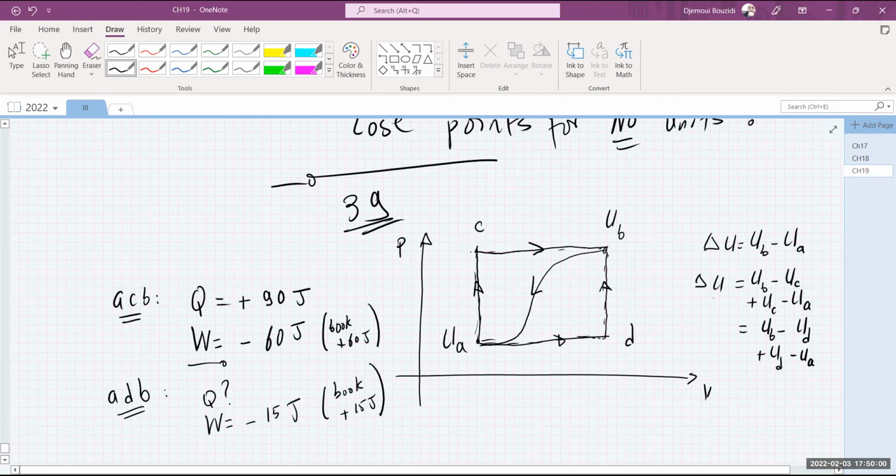This is delta U between the points A and B, and this is also between the points A and B. Same thing. It doesn't matter which path you take, the change in energy is the same. Why? Because the energy is a state variable. U is a state variable. It's actually called the state function because it depends on PV in this case.